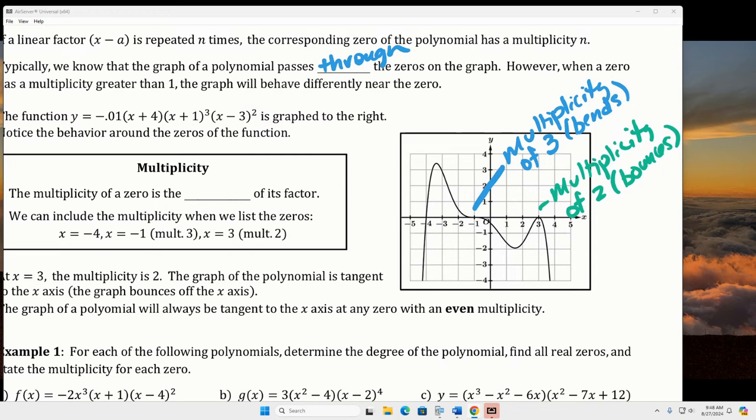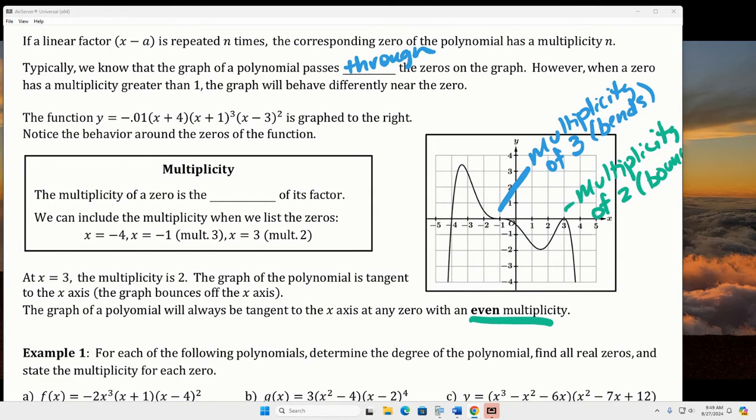And that's the case for any even multiplicity. It says that somewhere in the notes. An even multiplicity, there's going to be a bounce on the graph. Now, the bigger the even number, there's usually a wider space on the axis. But if you see a bounce, then you know for sure it's even.